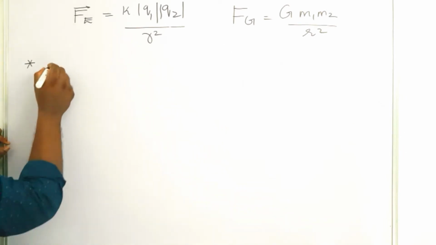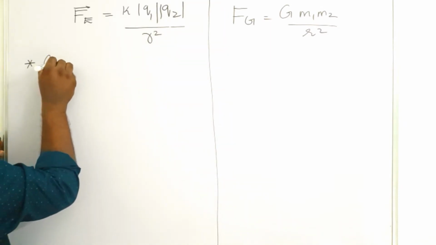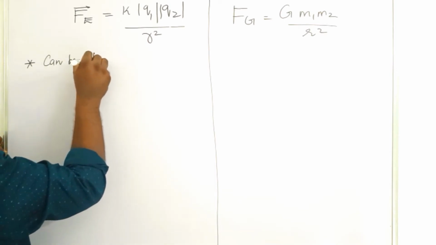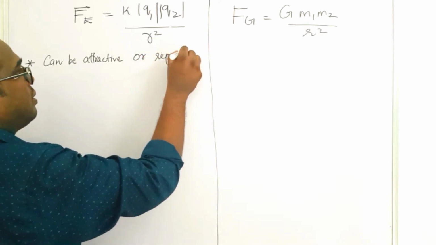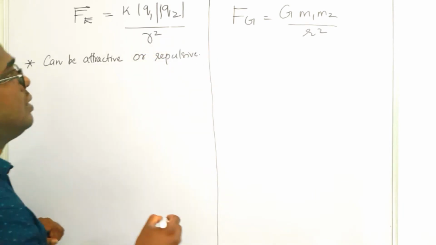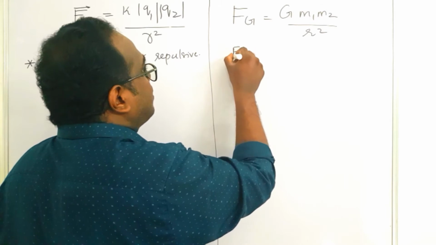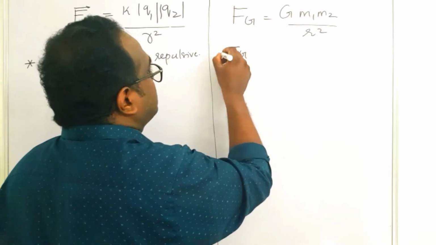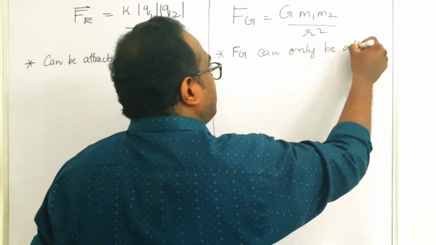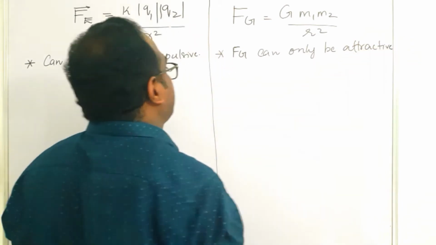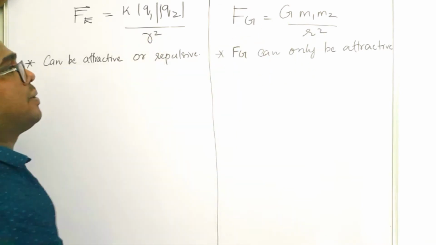So the first one is: electrostatic force can be attractive or repulsive. Gravitational force can only be attractive.